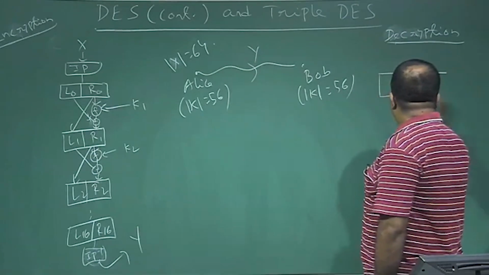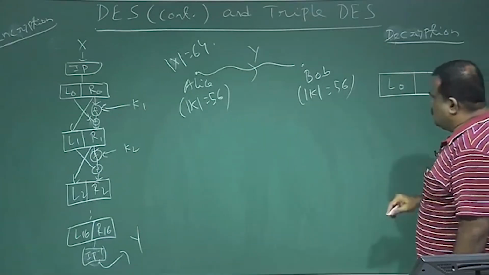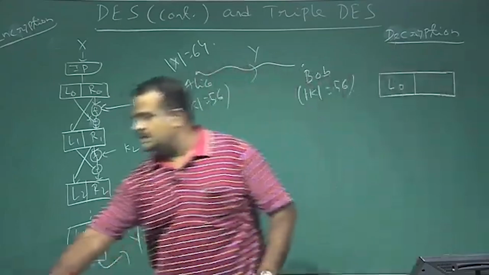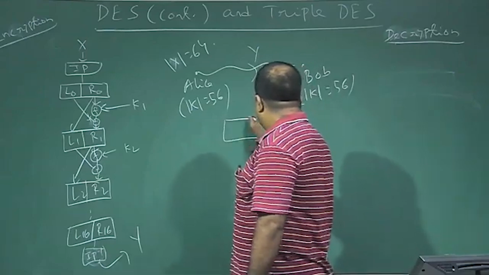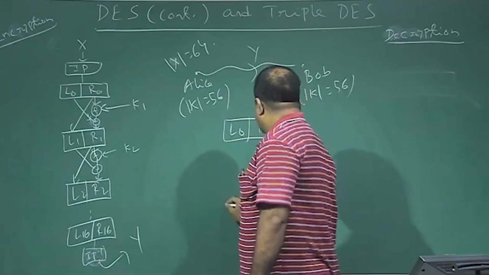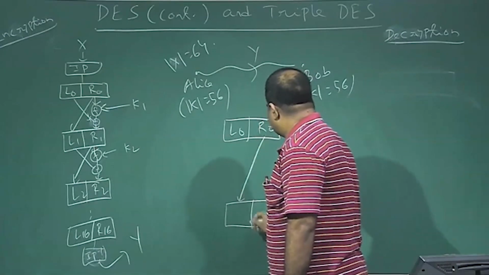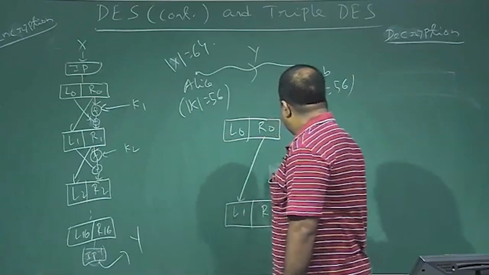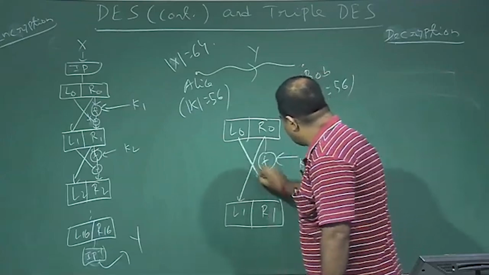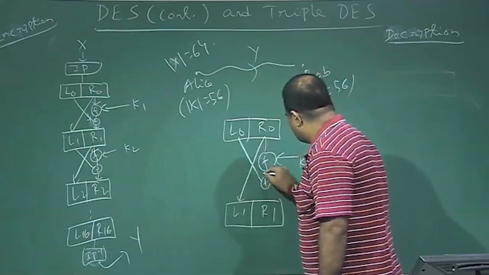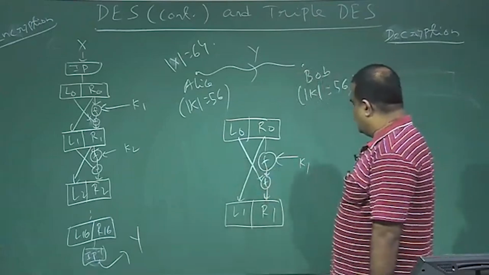Suppose we have a one round DES, which is basically a Feistel cipher. So we have L0, R0, and the output L1, R1, and this is F. This is K1 for the first round, and we have XORing, and this is R1.